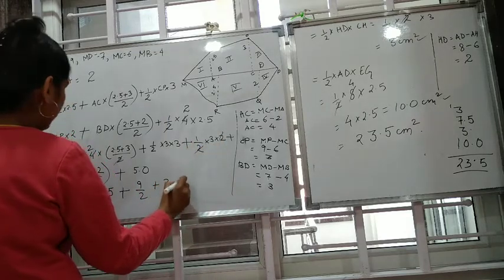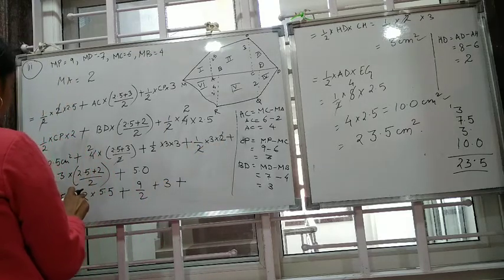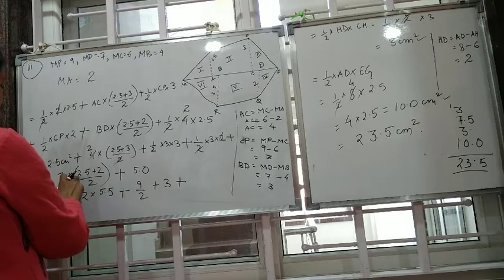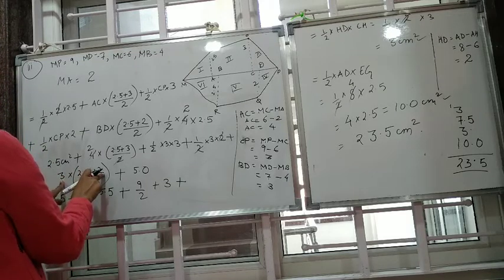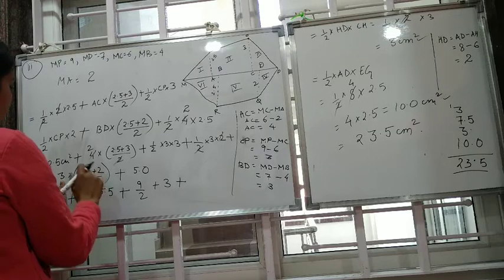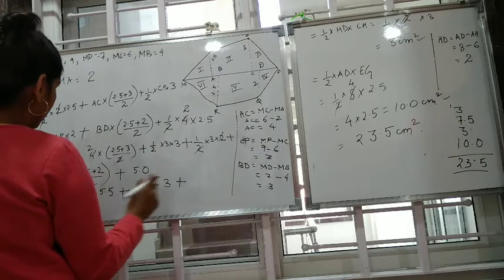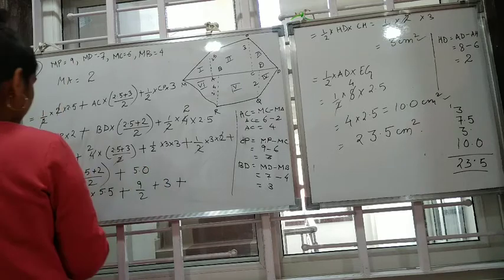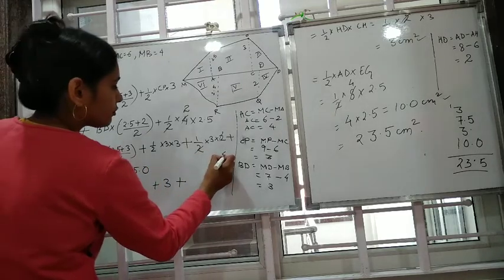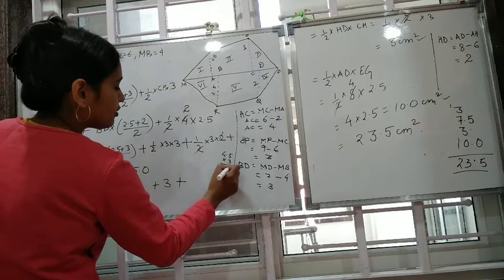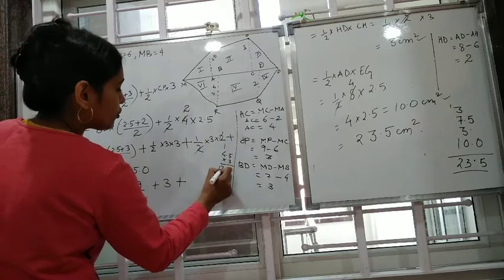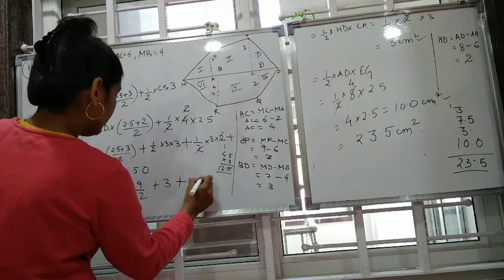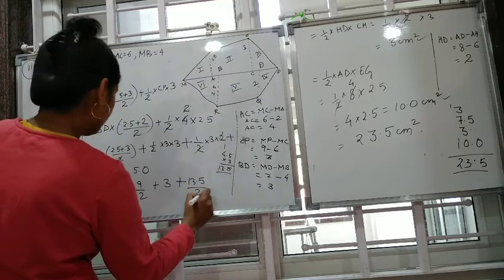This remains 3 and this becomes 4.5. 2 plus 2 is 4.5. 4.5 into 3, let me do it. 3 5s are 15, 3 4s are 12, 13.5 divided by 2.